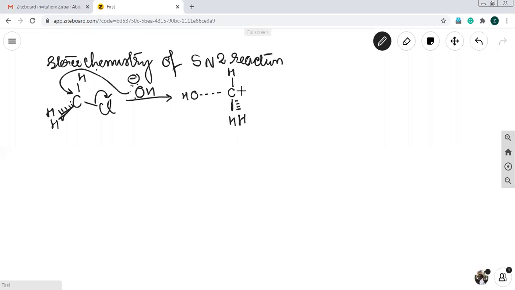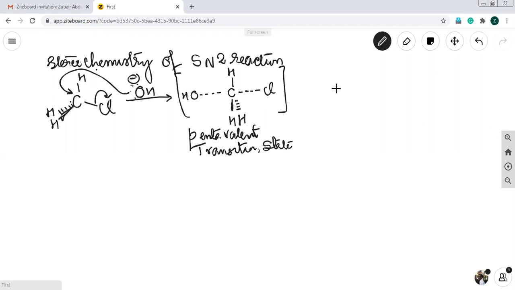This becomes straight, and my Cl is on the leaving side. So you have a pentavalent transition state.